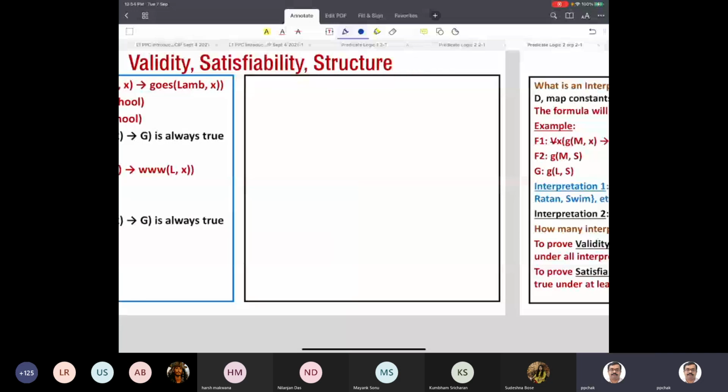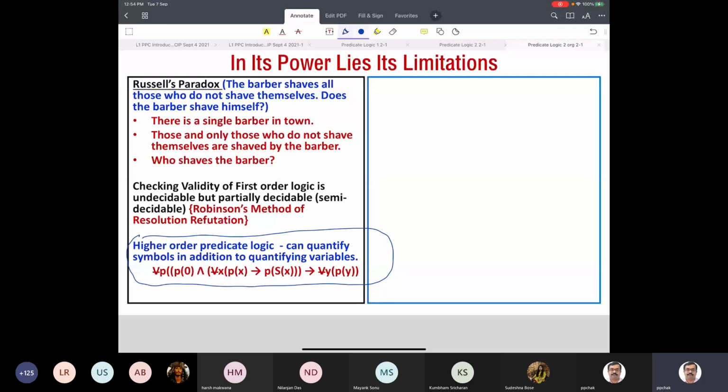Before I close, I want you to pay attention to this formula. This formula, is it in first order logic or not? No. Why? Because a predicate has been quantified. So this is in second order logic. But this formula is a very interesting formula.